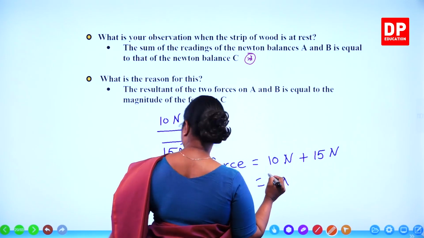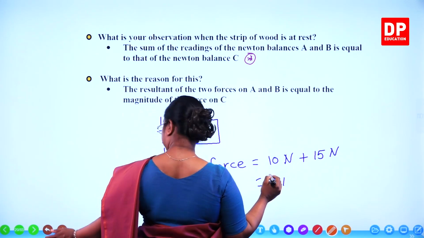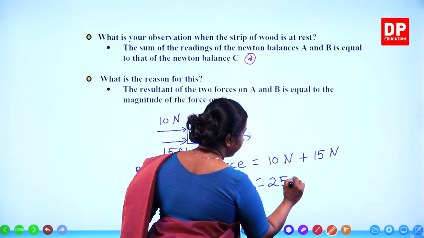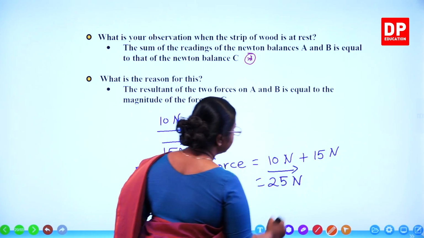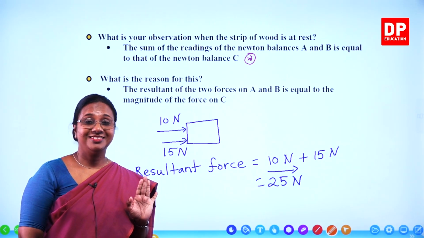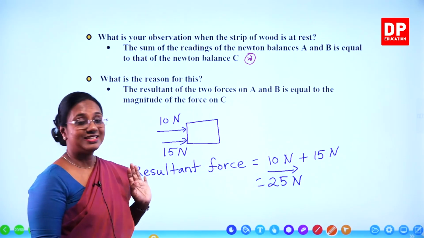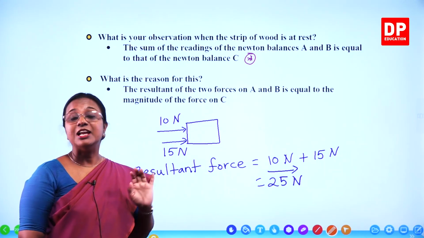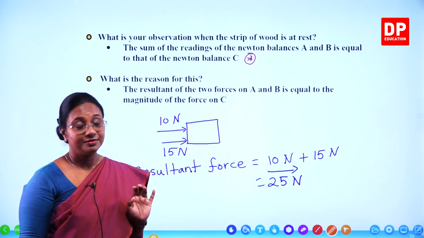So, it will be 25 Newton in that same direction. So, is that clear to you all, students? I am sure you all can understand this. So, then we can do some calculations.